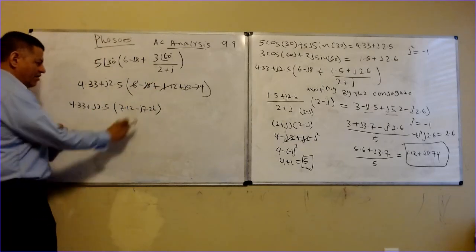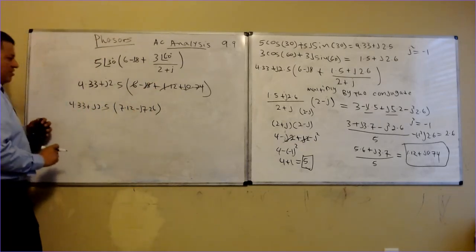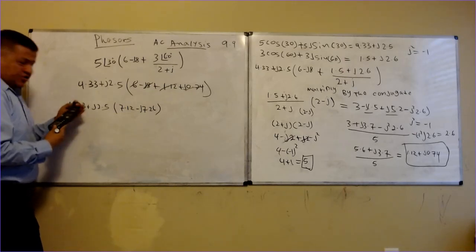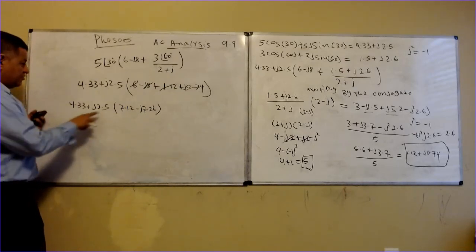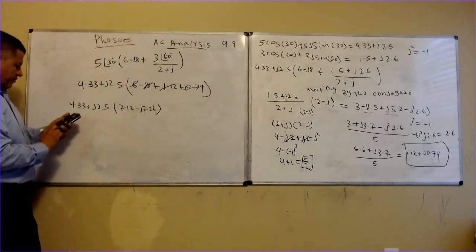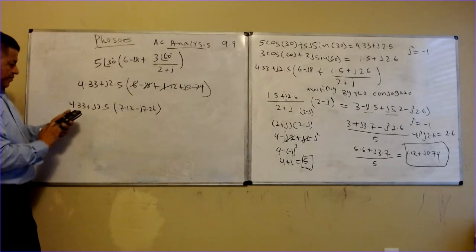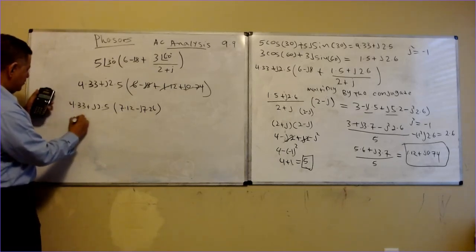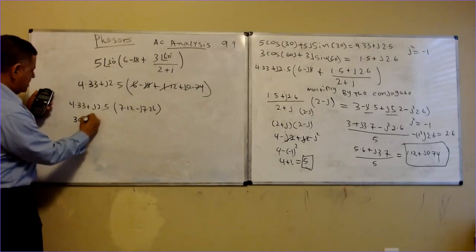Now we have a new problem here, and we have to do more, unfortunately. So we need to multiply 4.33 times 7.12, which is equal to 30.83.